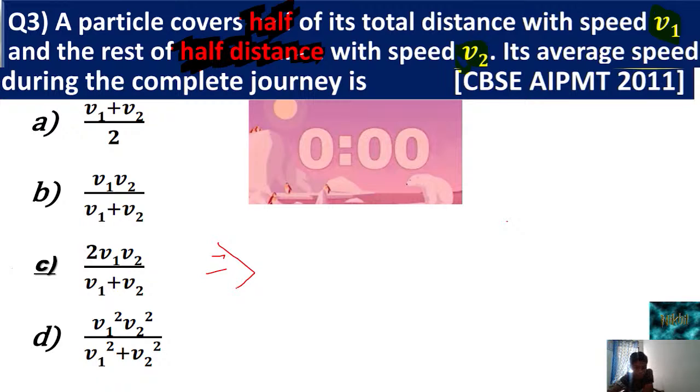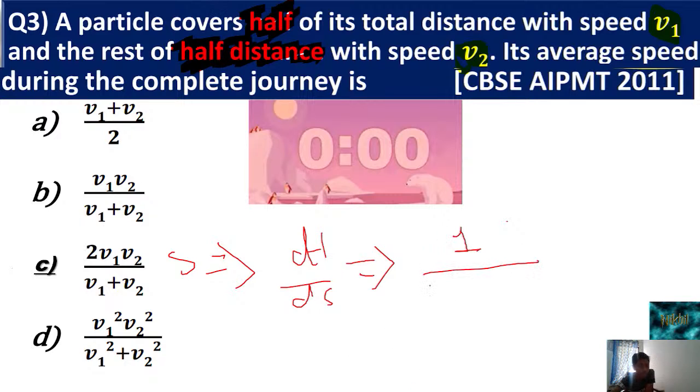Average speed, we know the distance covered, and we will find the time also. So average speed will be total distance s by dt. Sorry for that, guys, I was in a hurry. What will be dt? Total distance is 1, half and half.